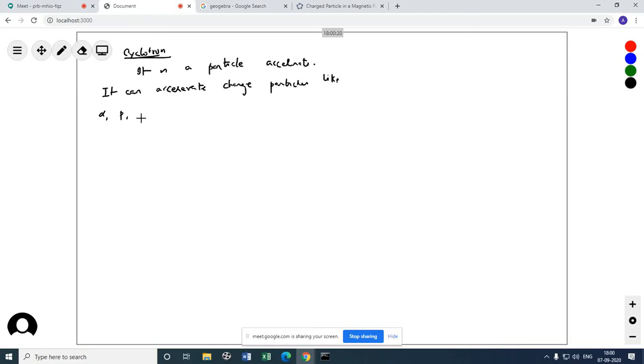I'm forgetting the other names, but not electron. We'll see that.